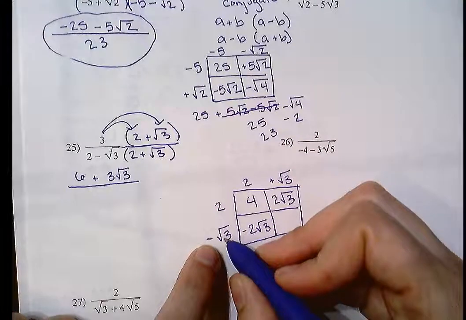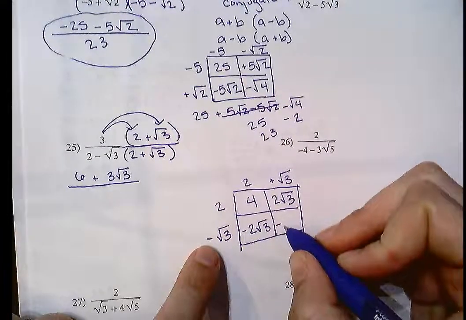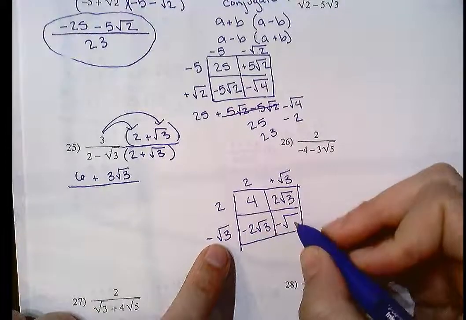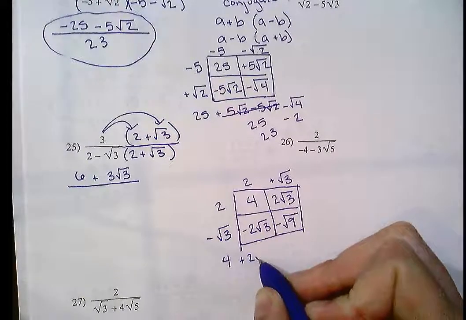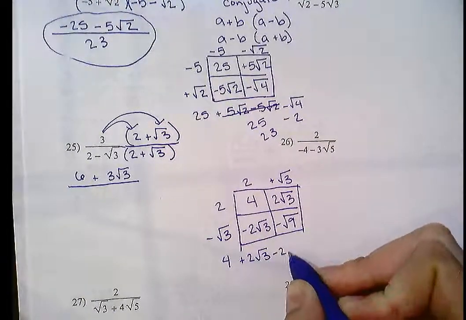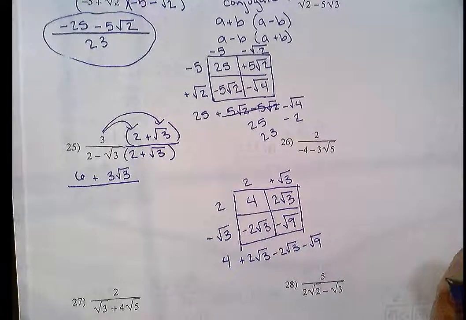And negative square root 3 times positive square root 3, a negative times a positive is negative. 3 times 3 is 9. So 4 plus 2 square root 3 minus 2 square root 3 minus the square root of 9.